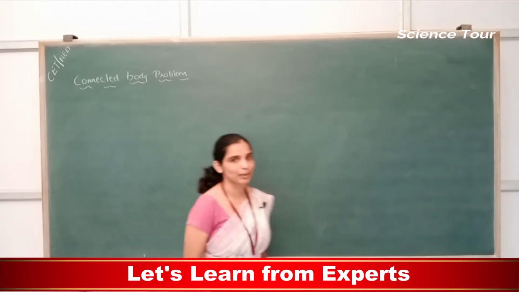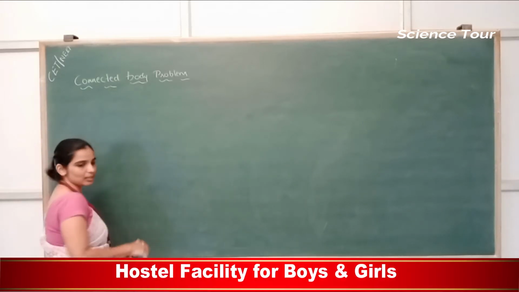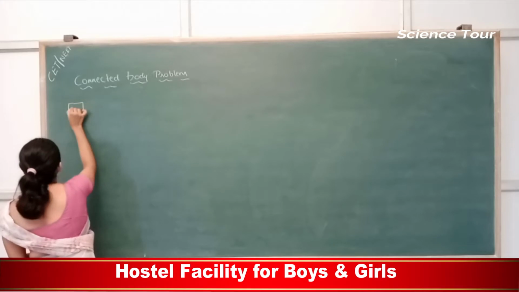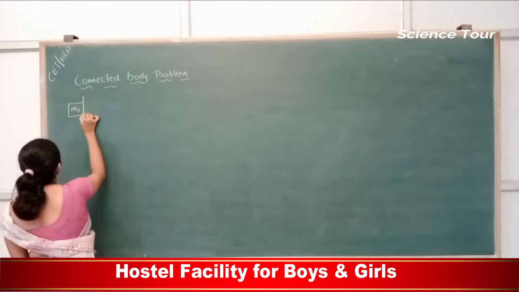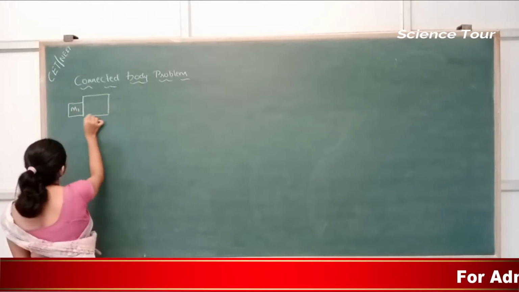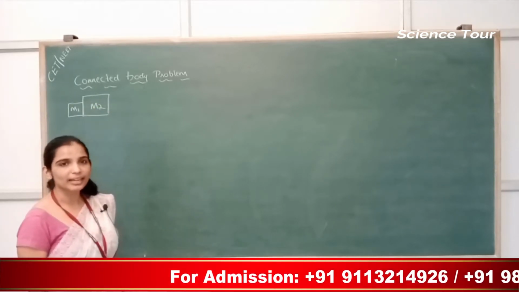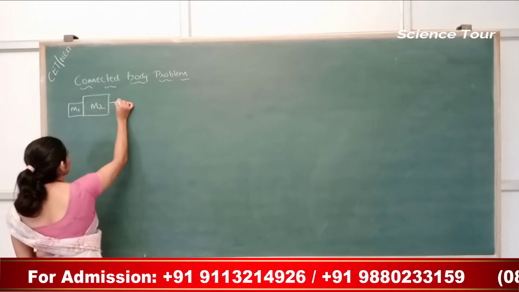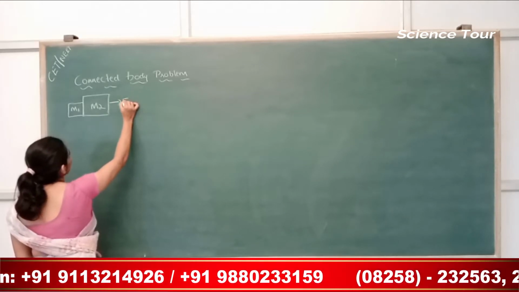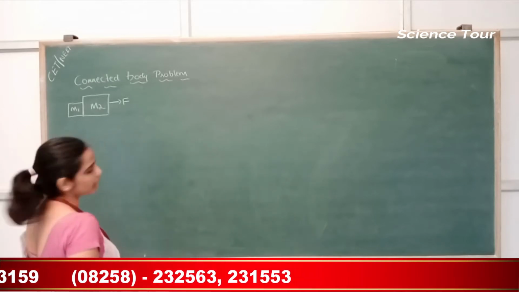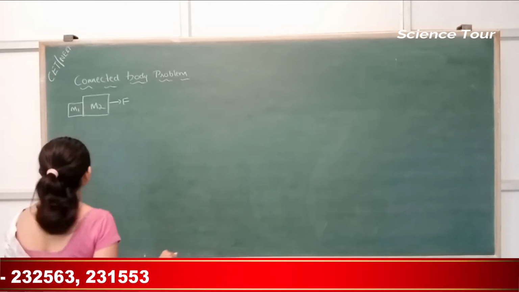Let's start from the basics. Let me consider two masses, m1 and m2. m1 and m2 are connected this way, and an external force is applied on m1 or m2, anything you can consider.